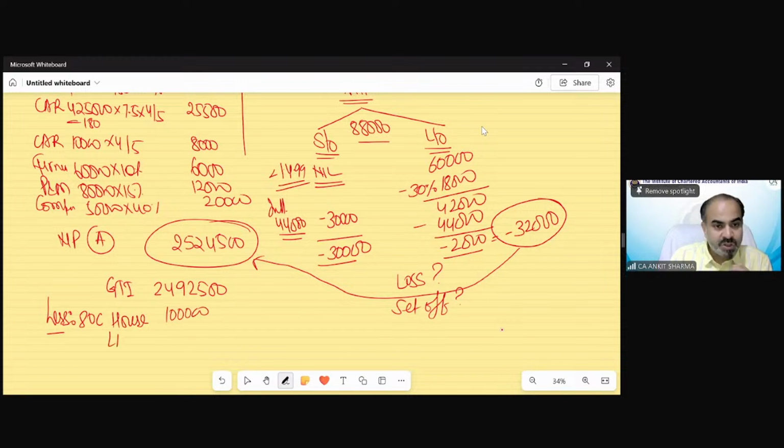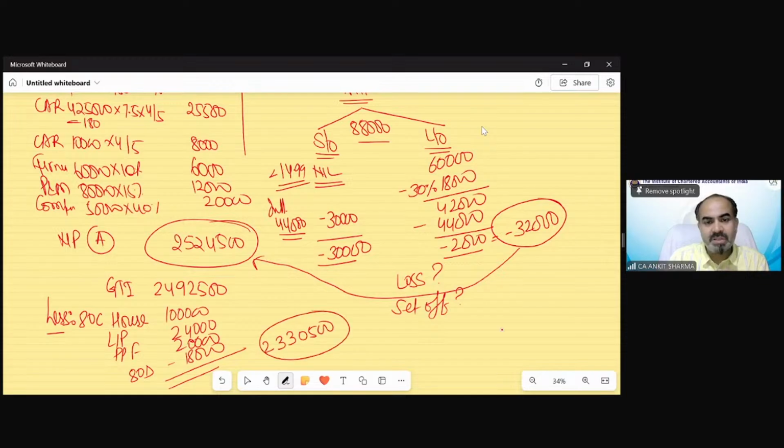The life insurance policy premium was 24,000. PPF is 20,000, and 80D was 18,000 medical insurance premium. So after this, my total income would be 2330,500. That is going to be my total income. Clear?